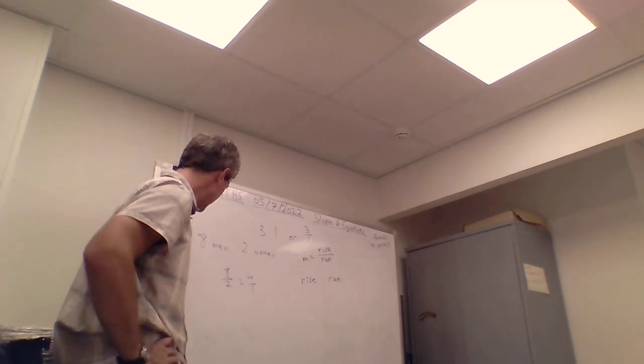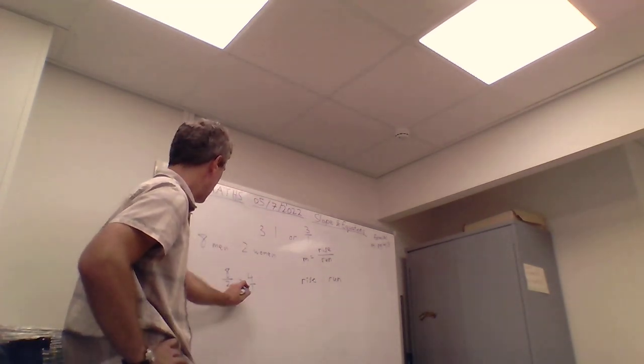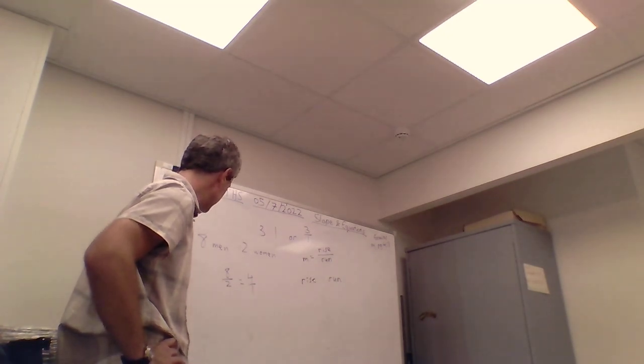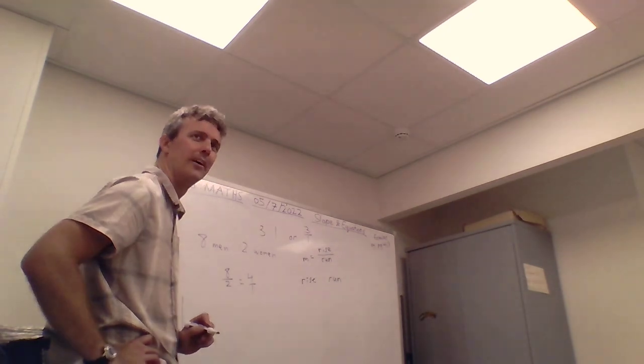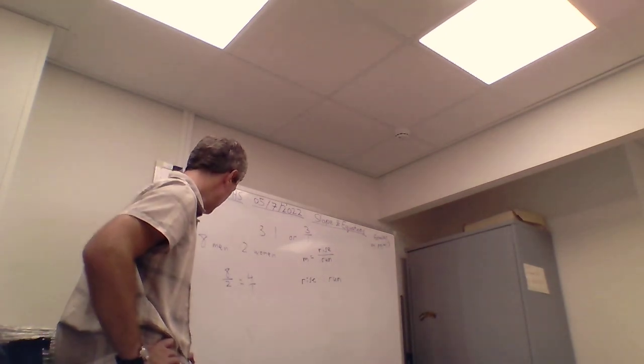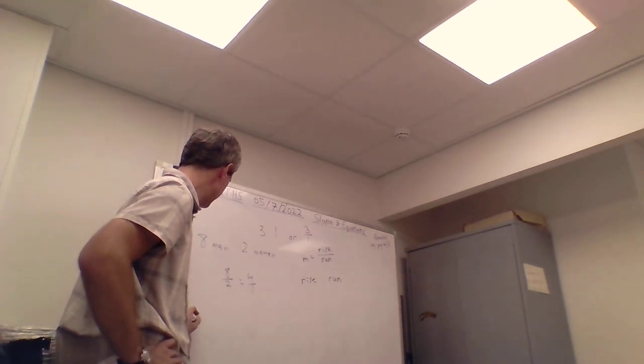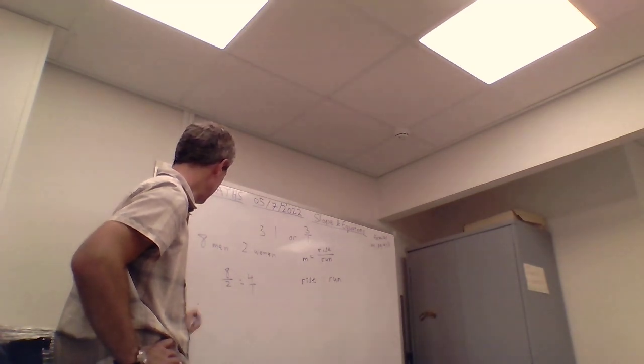You're starting at 0, and for every 1 woman, we have 1, 2, 3, 4 men. Every 2 women, 1, 2, 3, 4, 5, 6, 7, 8 men. And it's like a line.